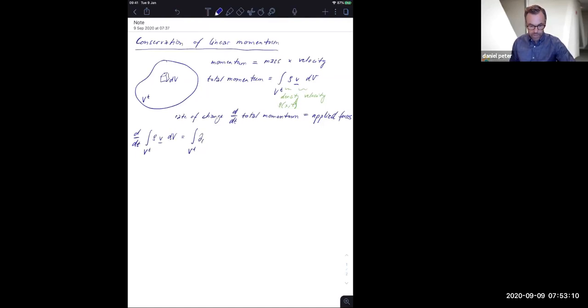So we have the time derivative of this quantity rho times v, dV. And then plus this surface integral of the quantity rho v times the velocity field and the normal on the surface. So basically the fluxes.